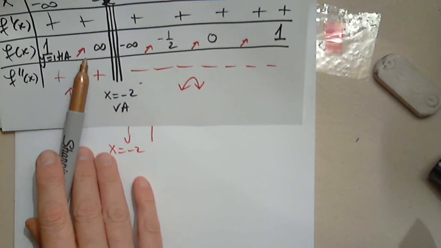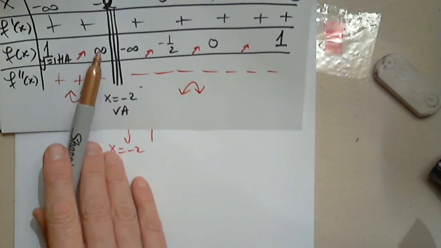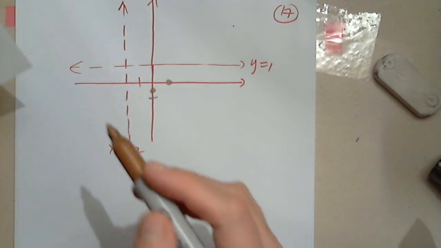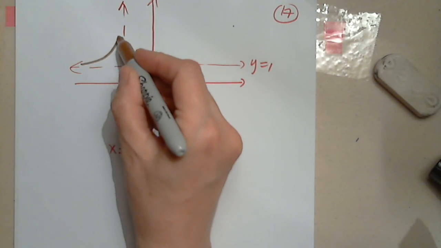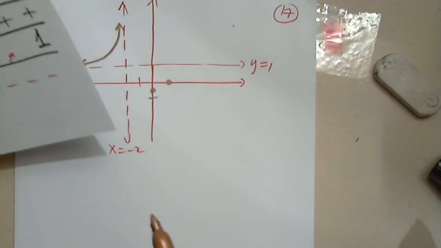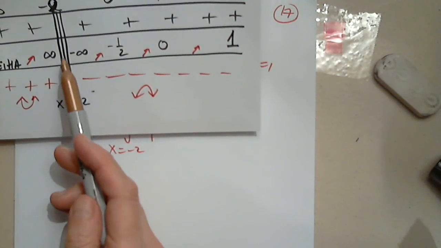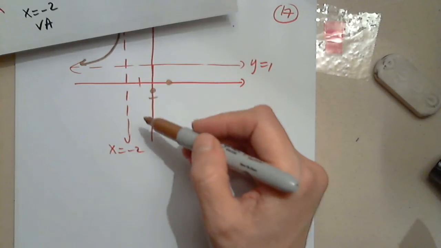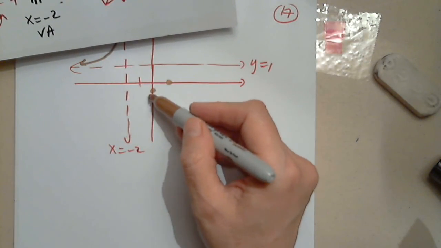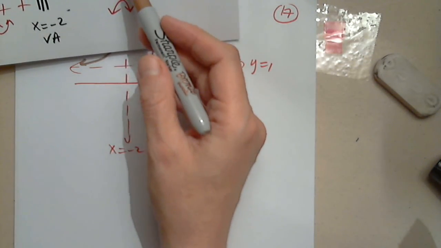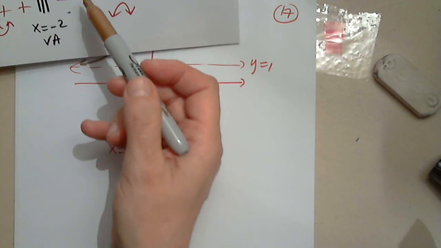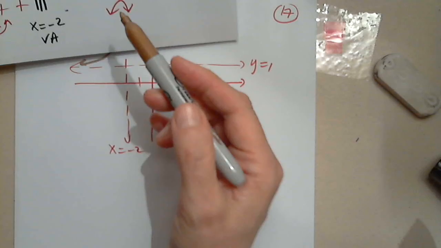From 1, increasing to infinity on the left-hand side of the vertical asymptote, opening upward. Very clear. On the right of the vertical asymptote, from negative infinity, crossing at 0, negative 1/2, crossing at 1, 0, going towards 1, all increasing and all opening downward.